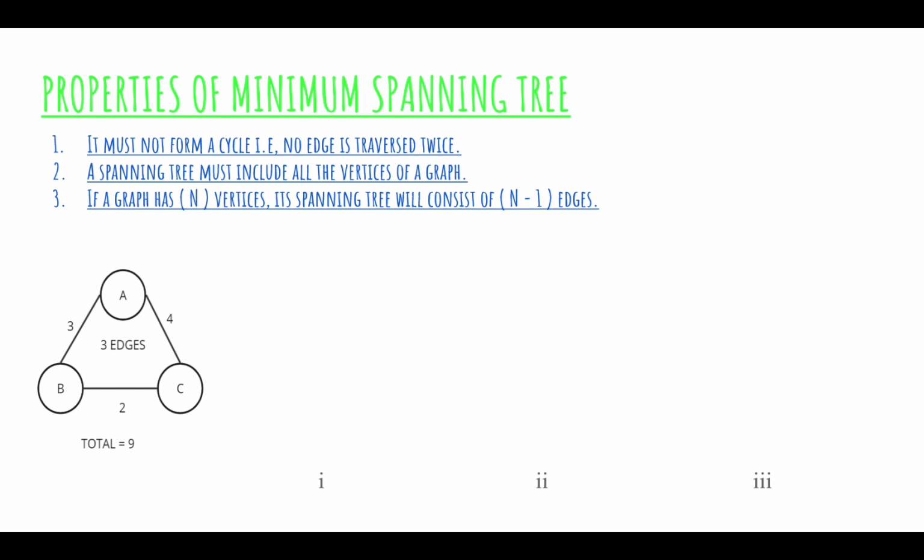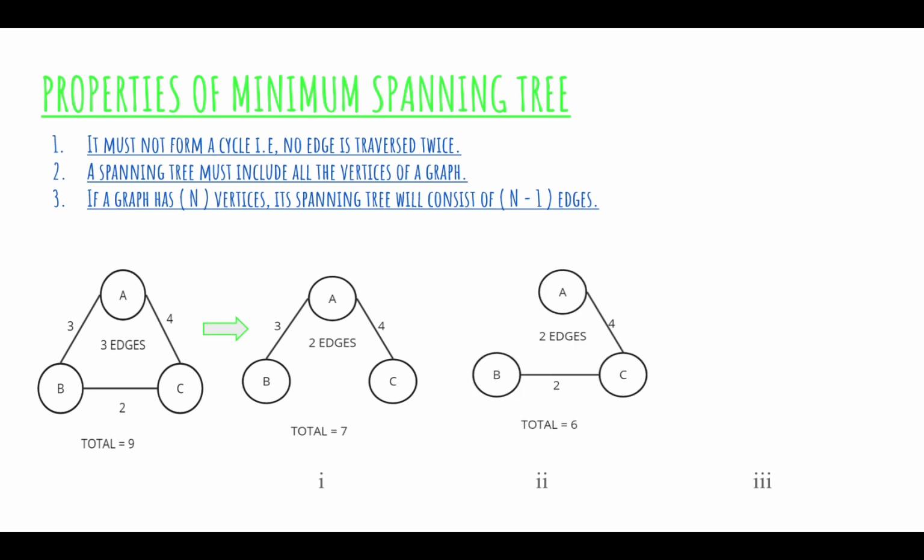Consider a graph ABC with costs 3, 4, 2 respectively. Now consider the properties. From that there are totally three possibilities. A connects to B and C, C connects to A and B, and finally B connects to A and C. Now check the properties. No cycle is formed in any of the three possibilities. It means the first property is satisfied.